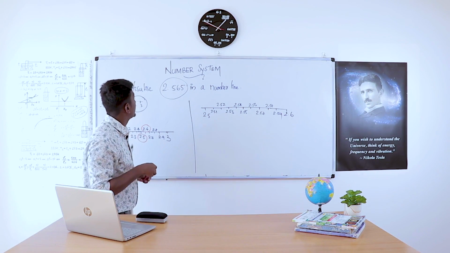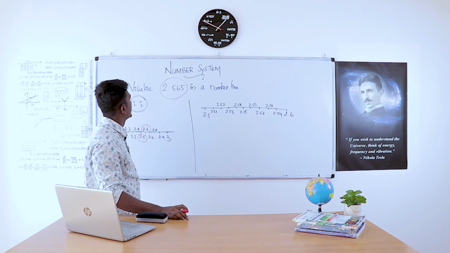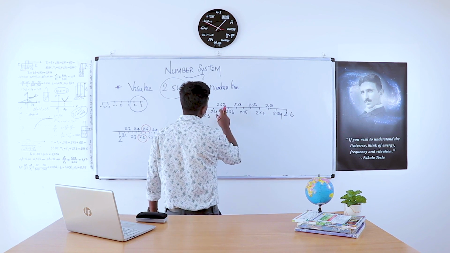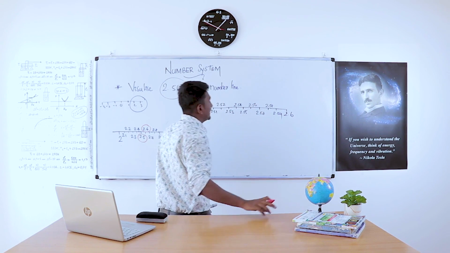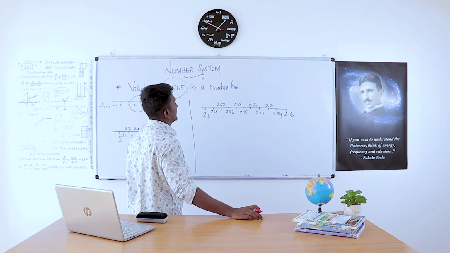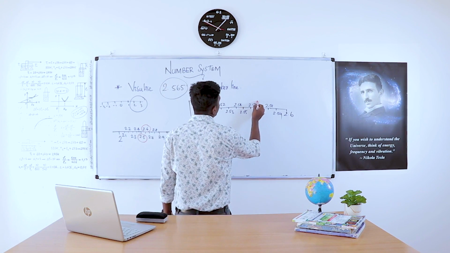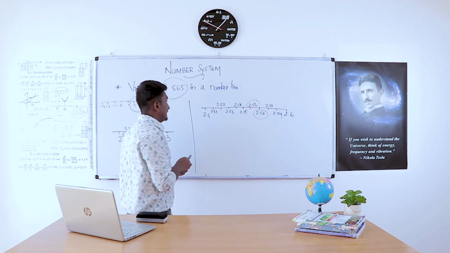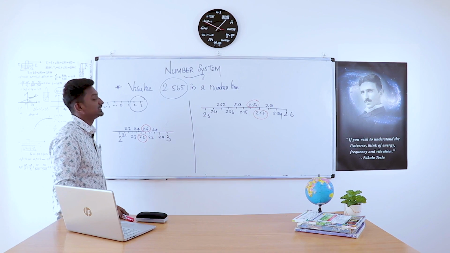And the number we want to visualize is 2.565. Where is 2.565 located? It is in between 2.56 and 2.57.